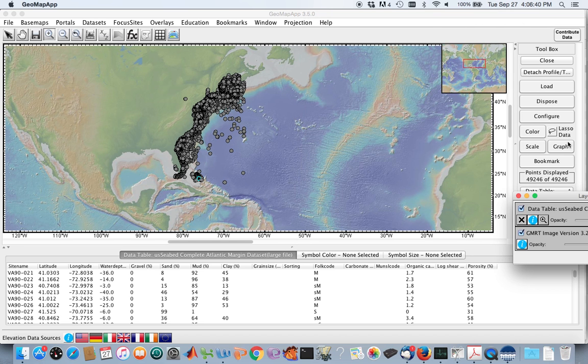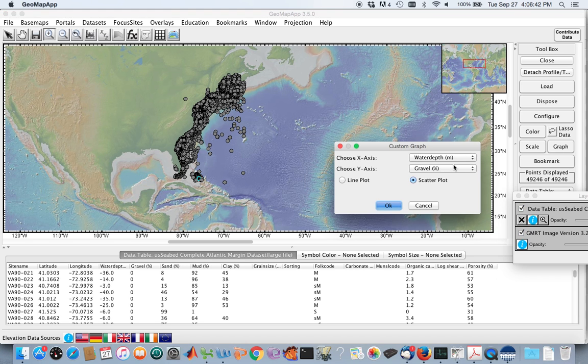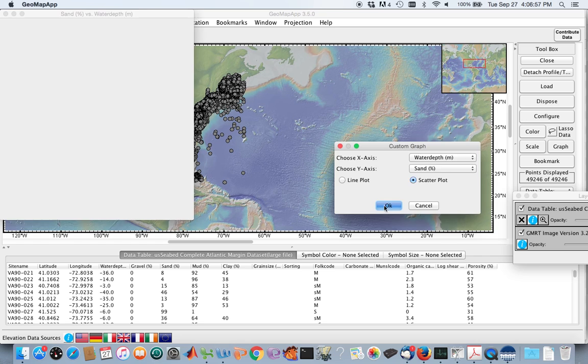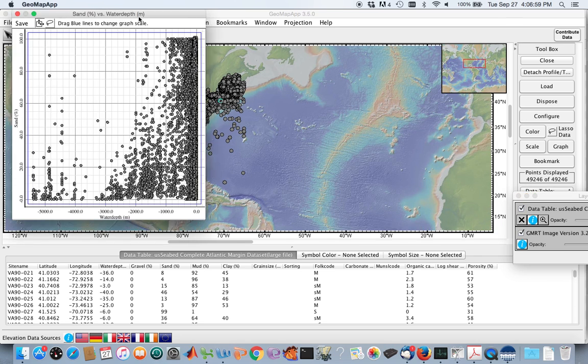So now let's look at sand. Now we expect to see somewhat of a similar behavior. More sand closer to the coast, and as we move away from the coast, less and less sand.